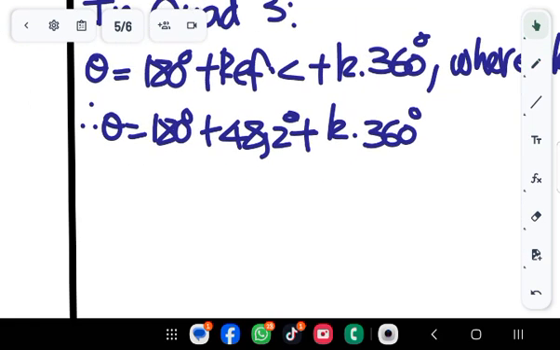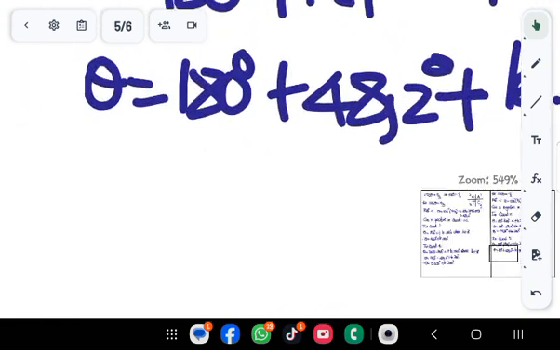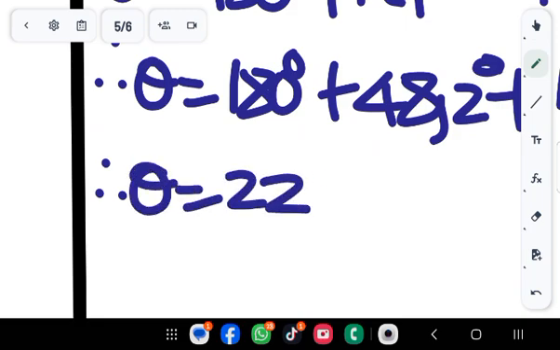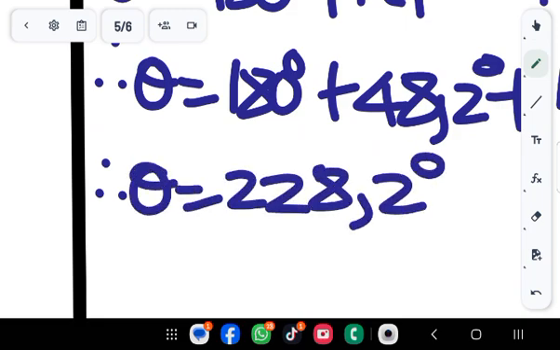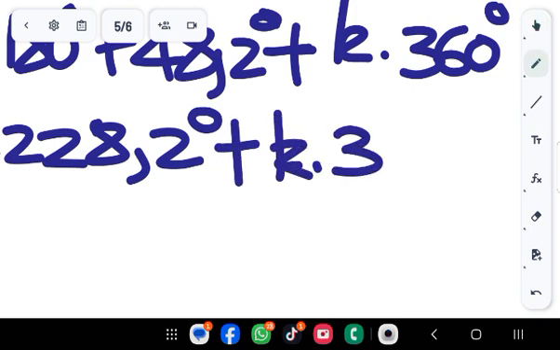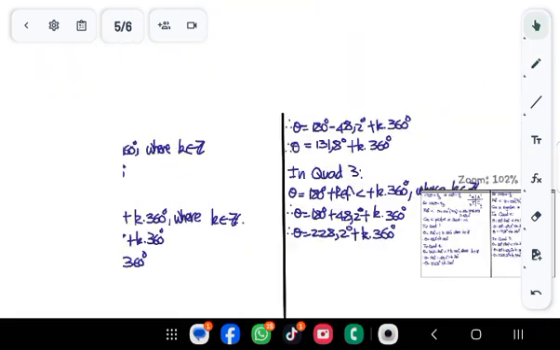Now 180 plus 48.2 equals 228.2. Therefore, theta equals 228.2 degrees plus k times 360 degrees, where k is an element of the integers, obviously.